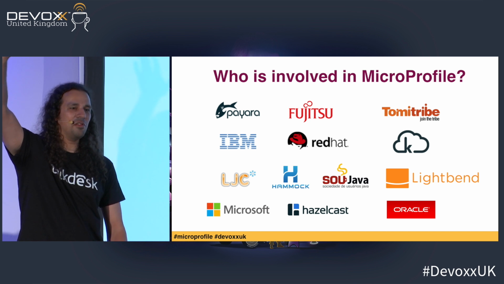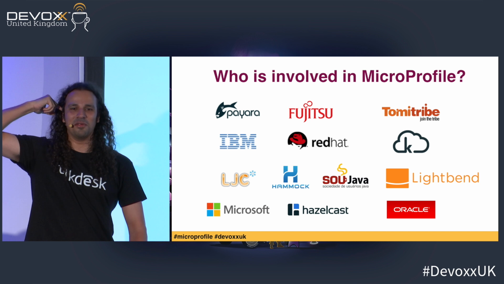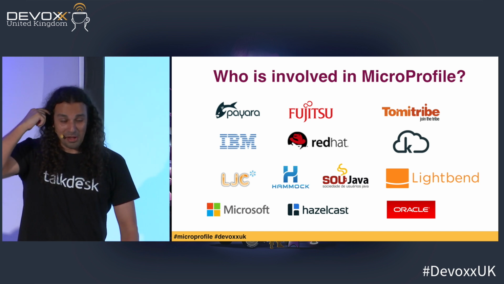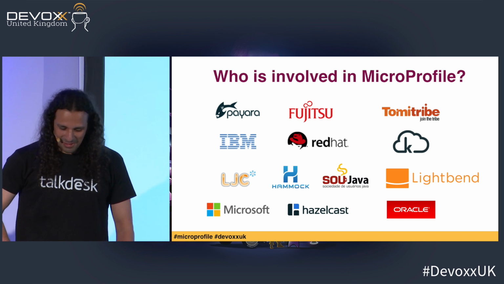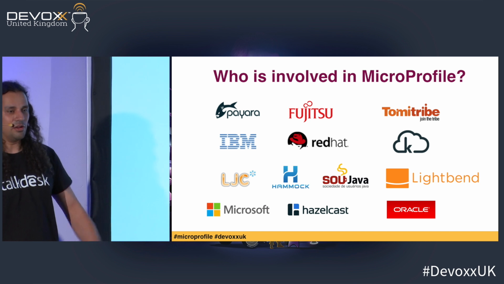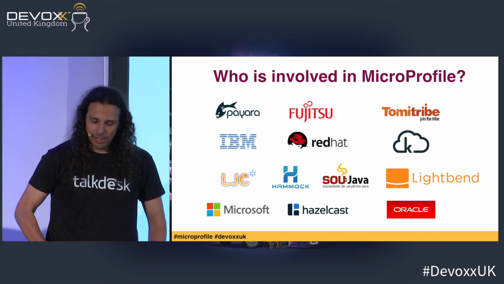Anyone here from the London Java Community? No? Okay, I was hoping to get more people from the London Java Community since we're in London. Maybe they're discussing MicroProfile at this time. And also Java Brazil, which is another Java user group, in Brazil.